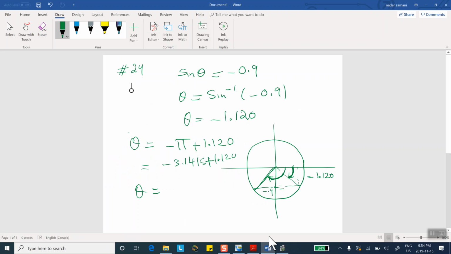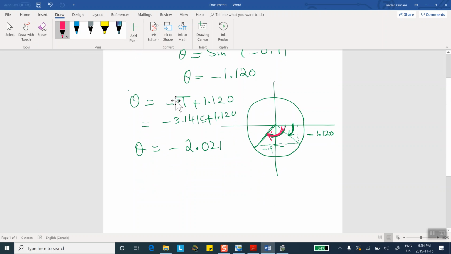That is this angle. So let me write down the two solutions that I got: minus 1.120. The other one is minus 2.021.